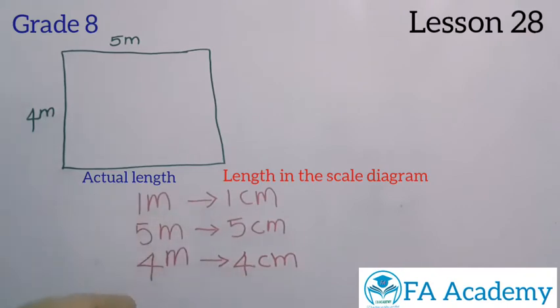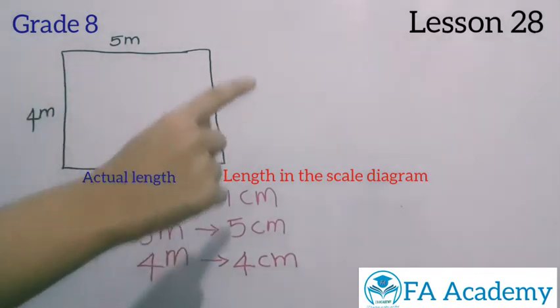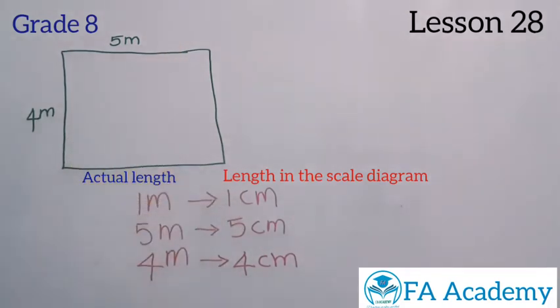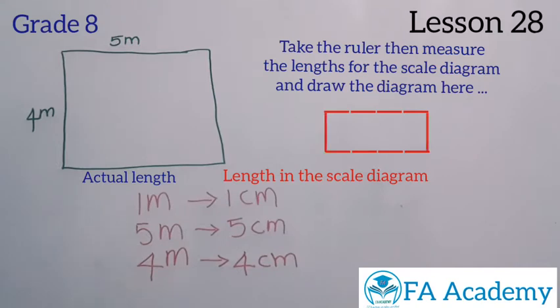So take your ruler, measure 4 centimeters for the breadth, then 5 centimeters for the length, and you can draw the scale diagram. So that's the sketch we have got. That's not the actual length. That is the scale diagram.